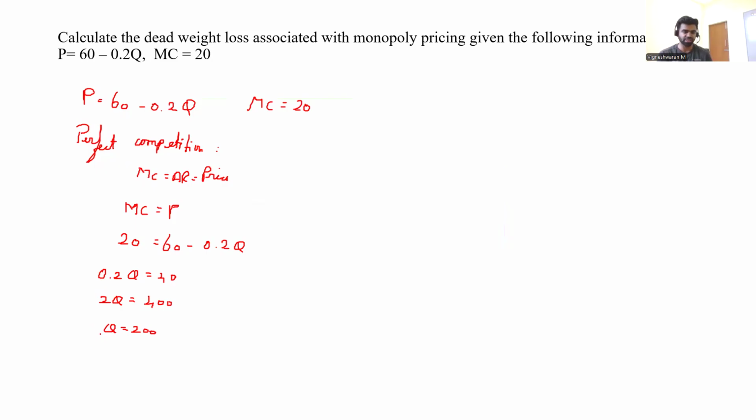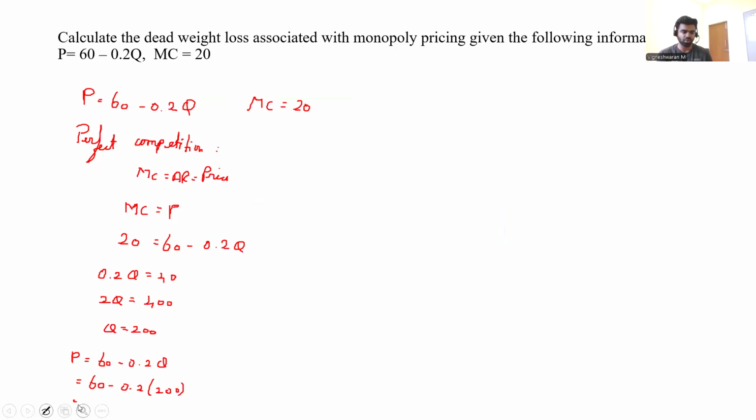Now what will be the price? Price is equal to 60 minus 0.2Q, so it will be 60 minus 0.2 into 200, which is 40.